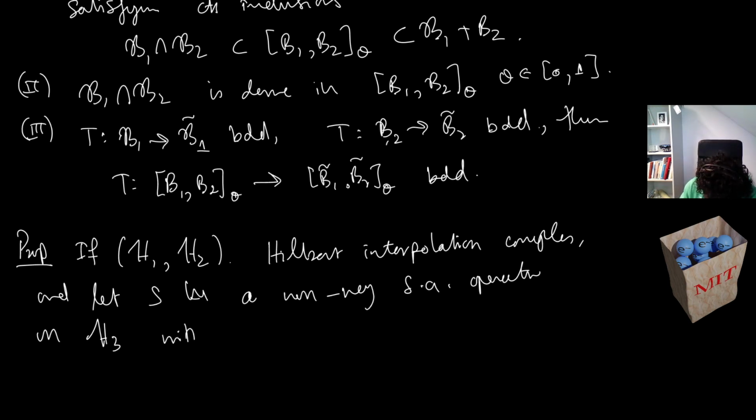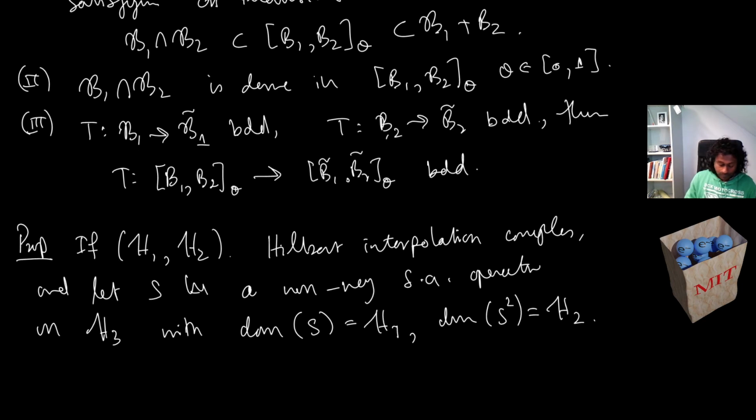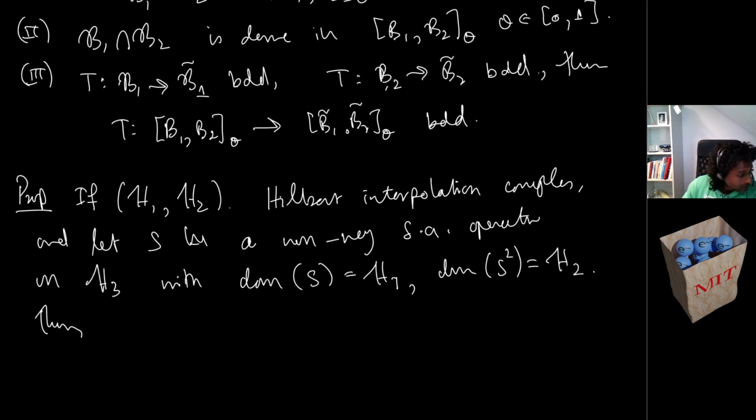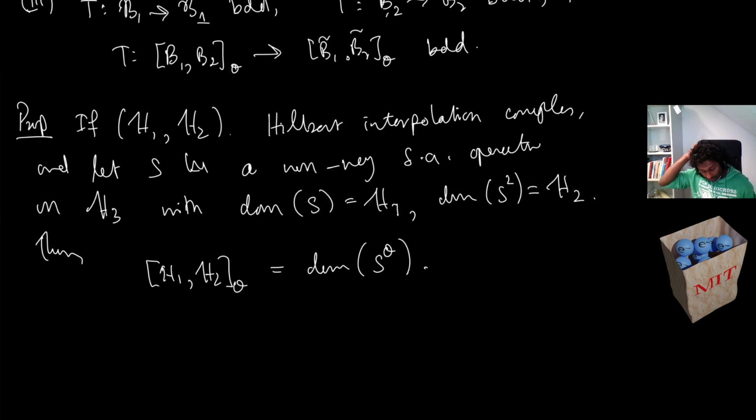With domain of S being equal to H1 and the domain of S squared being equal to H2. Okay? Then we find that H1, H2 interpolated is exactly equal to the domain of this operator S to the power of theta.